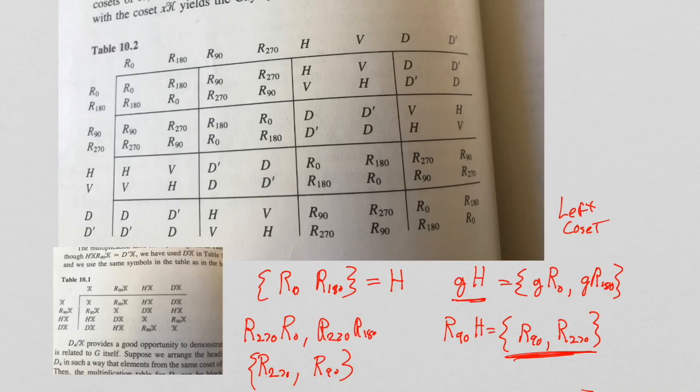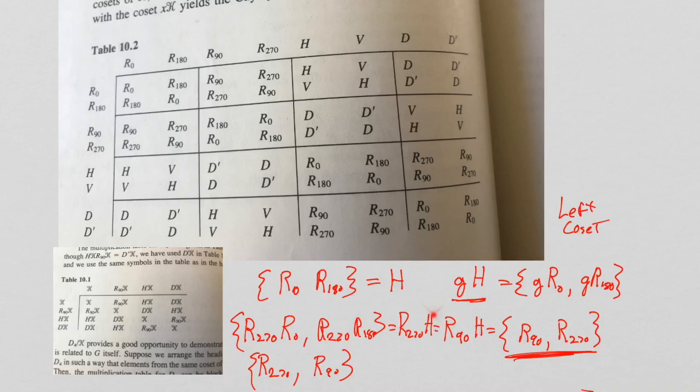In this case, I've decided I'm going to look for the cosets associated with this subgroup and the group element R90. Well, that turned out to be this set. So this is the left coset of R90 with respect to this subgroup. The left coset of the other element, R270, is the same. Every element of this coset is going to produce the same coset when I go through this process of multiplying every element of H by that element. So R90 and R270 will give you the same coset, meaning that R270H has to equal R90H.